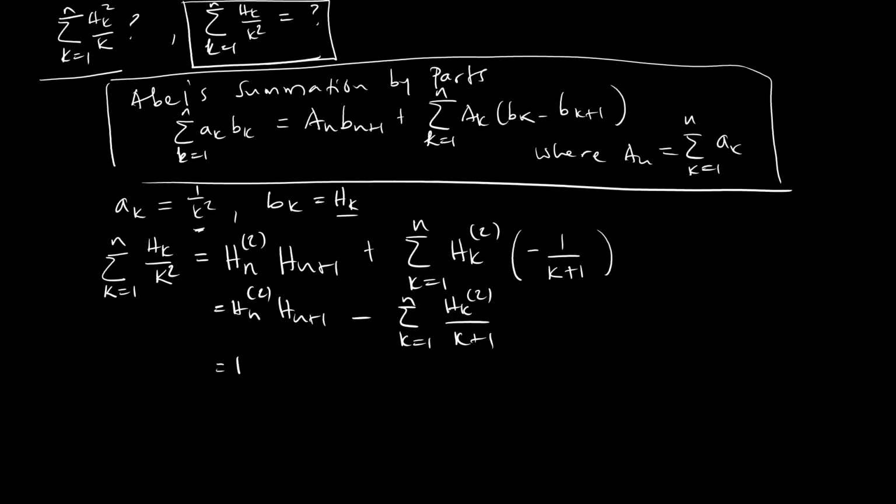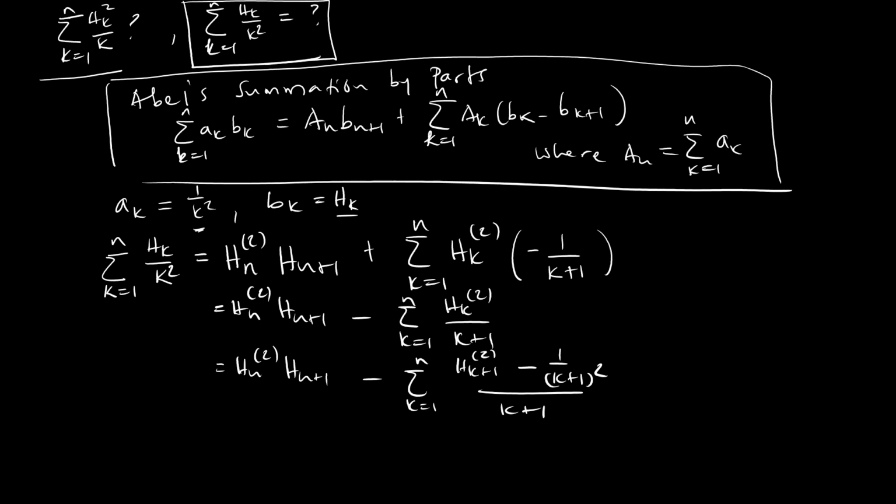It is the same as H_n squared H_{n+1} minus the summation from k equals 1 to n of H_k squared, which is the same as H_{k+1} squared minus 1 over (k+1) squared, over k+1.